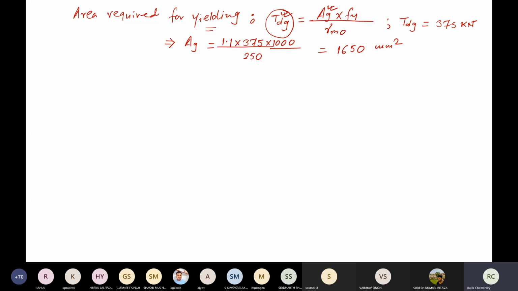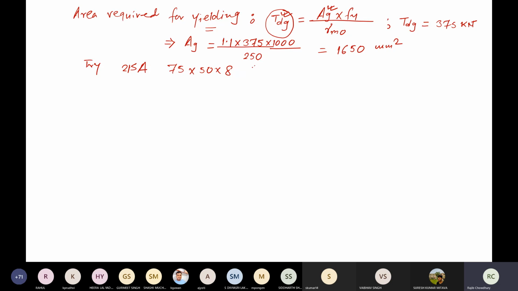Now, to make the initial design with at least 10% more area, we can try any section. Let's say in this example problem, I have tried two ISA sections of 75 by 50 by 8, again unequal leg.